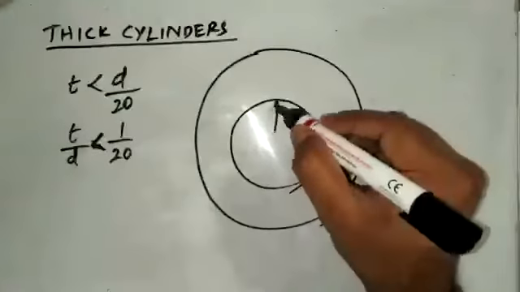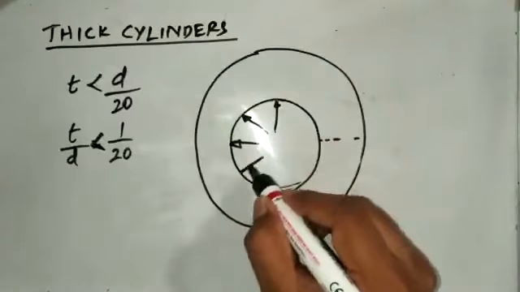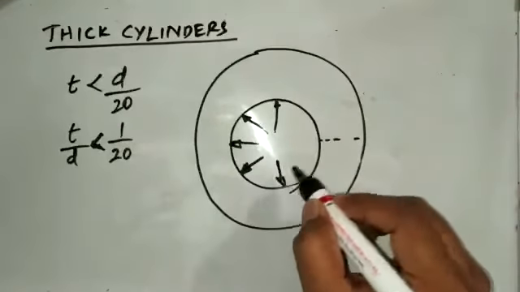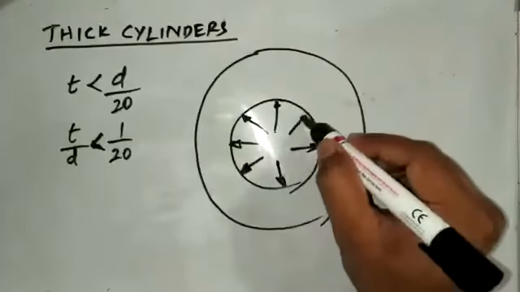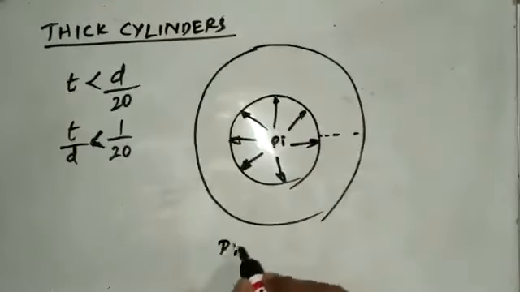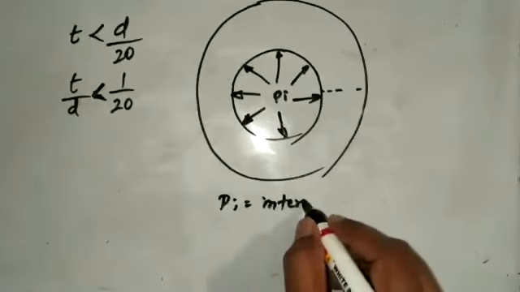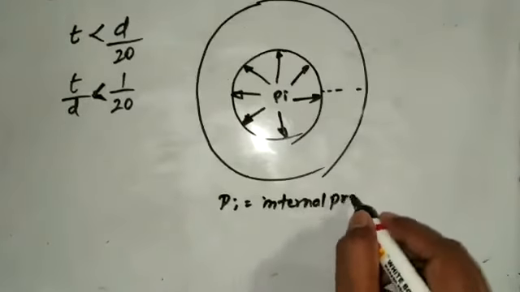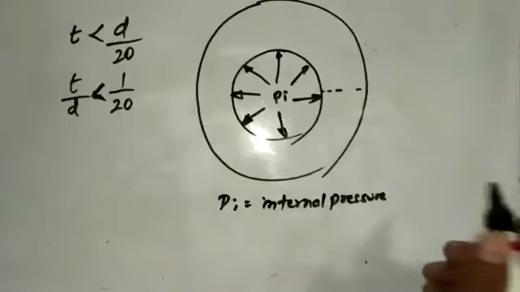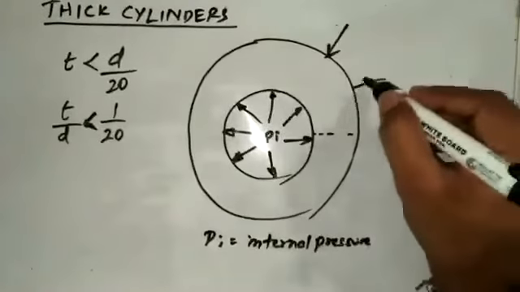So these are the stresses inside the cylinder due to the pressure of the fluid. Take Pi as the internal pressure.